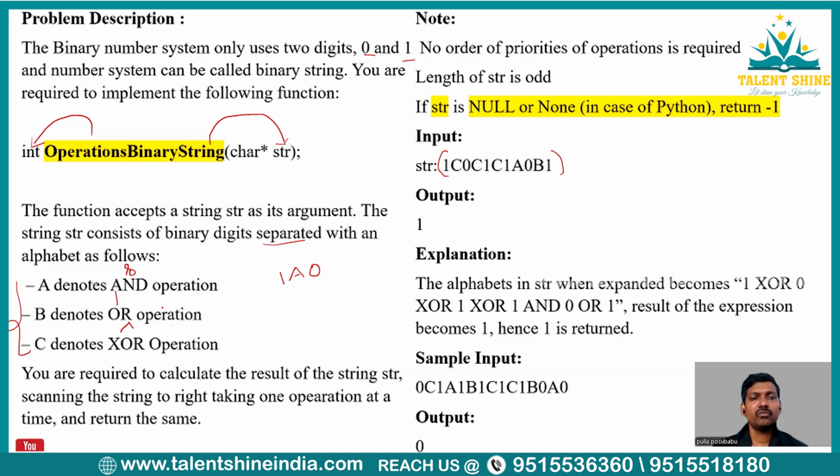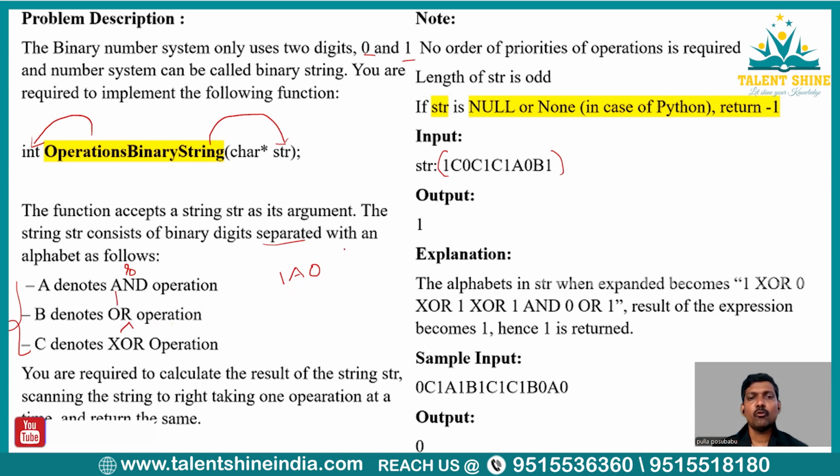To solve this program, one has to be familiar with bitwise operators, which are AND, OR, and bitwise XOR, and how these operators work. If you are familiar with these, you can easily execute this program.